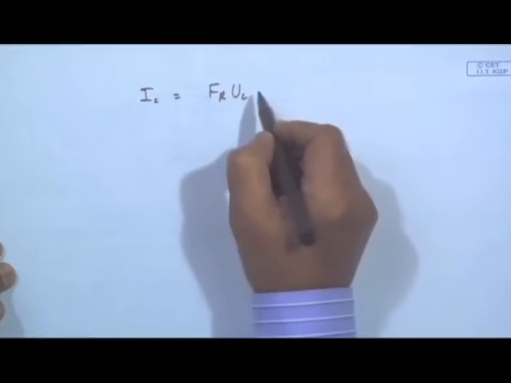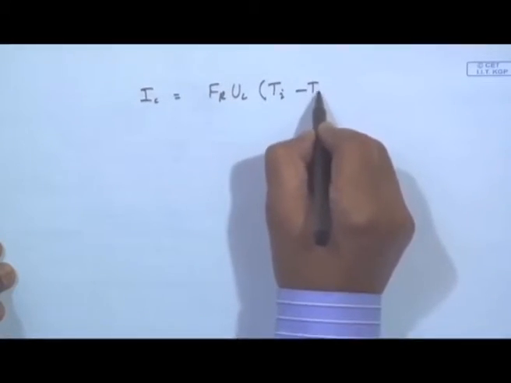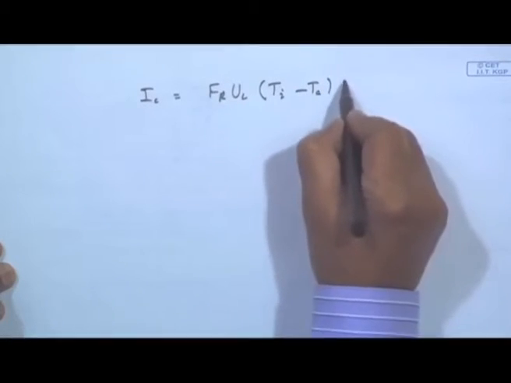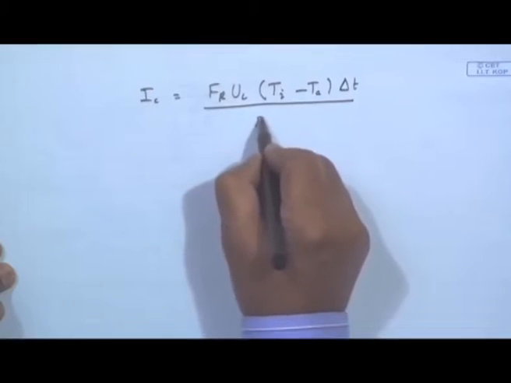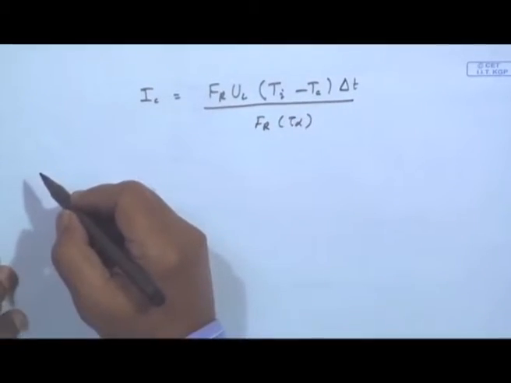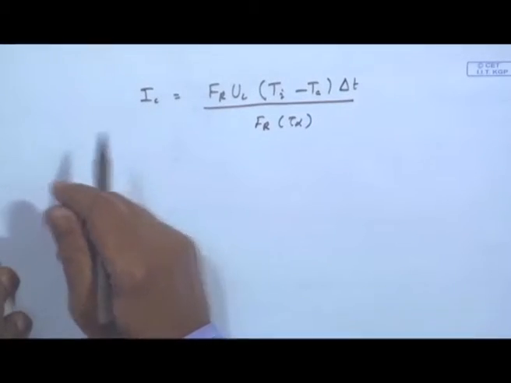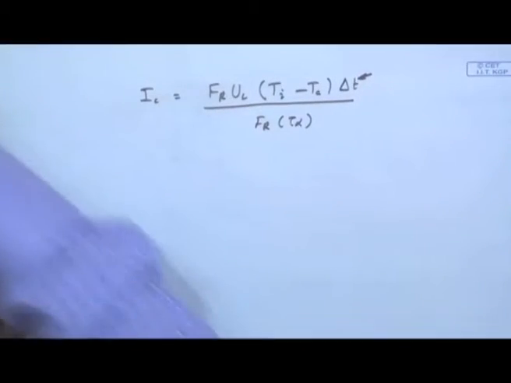This corresponds to useful energy being 0. In other words, the solar radiation falling on the collector surface is just sufficient to meet the losses corresponding to that temperature, on an instantaneous basis. If Ti is the inlet temperature, then IC will be given by this, including this time factor delta T.